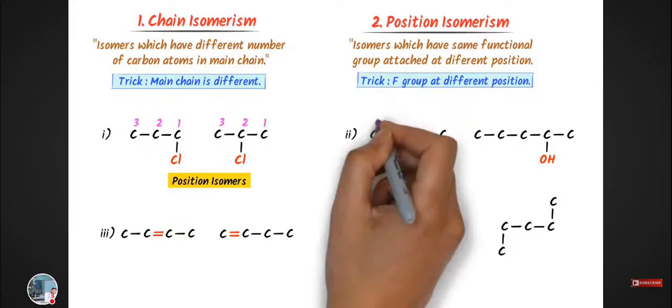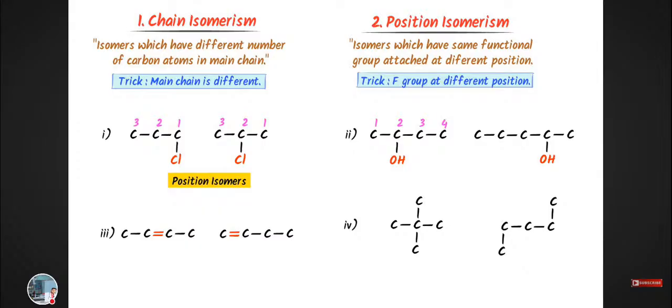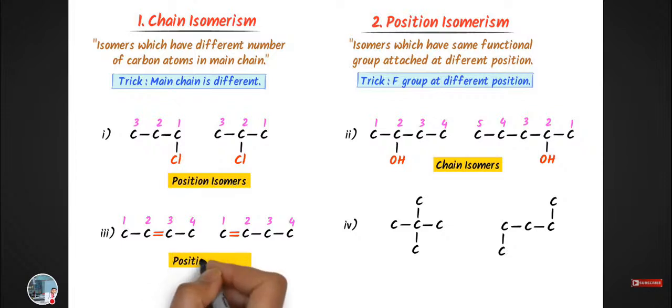Secondly, this compound has 4 carbon atoms in the main chain, and this compound has 5 carbon atoms in the main chain. So they are chain isomers. Thirdly, the double bond is present at the second carbon, while here the double bond is present at the first carbon. So they are position isomers.